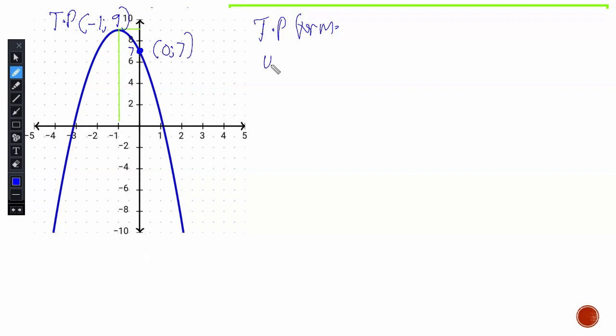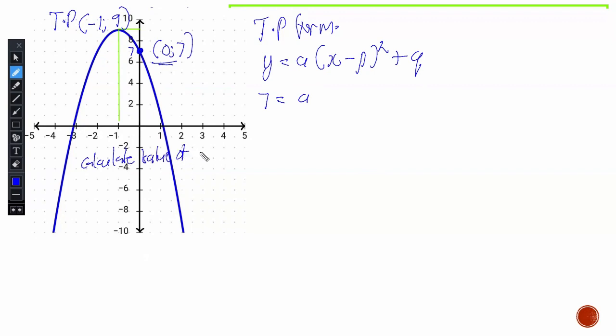So again, we're going to write y is equal to a, and then x minus p squared plus q. So for y and x, we substitute any other point. y is 7, and we are looking for the value of a. Remember, first calculate the value of a.